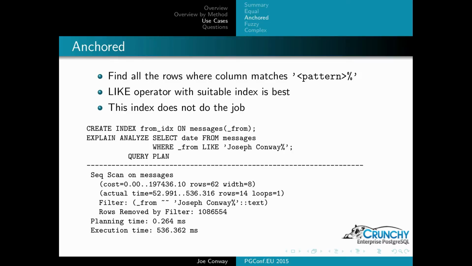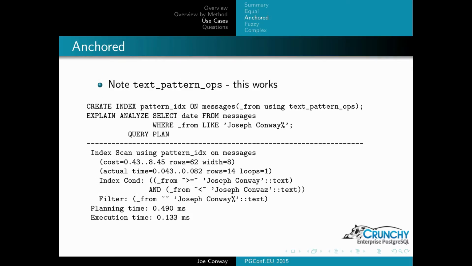That goes back to what I was talking about earlier with those special index operators for patterns in a multi-byte database. So it still did a sequential scan, and it still took half a second. But now if I go back and recreate this index using text_pattern_ops and do the same anchored query, it returns almost as fast as my equal query did. It's 133 microseconds, so really fast.